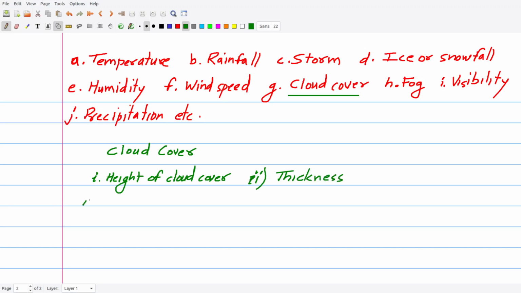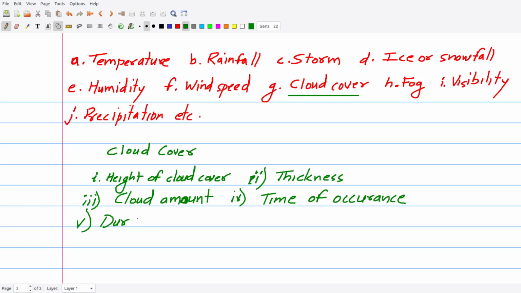Third one is amount. So cloud amount, is it small, big, correct? And time of occurrence, is it morning, evening, correct? And the fifth one is duration. See how many effects and sub effects of it.